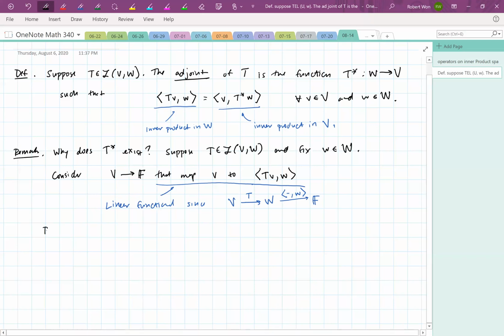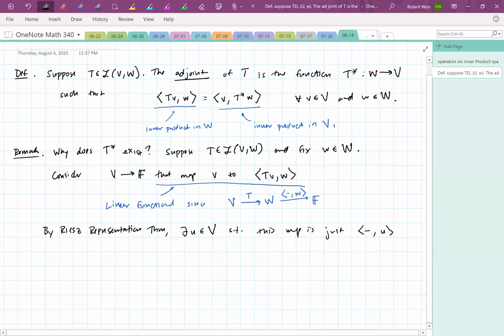So by the Riesz representation theorem, there exists a U in V such that this map is just the inner product with U. Every linear functional is given by inner product with some vector.